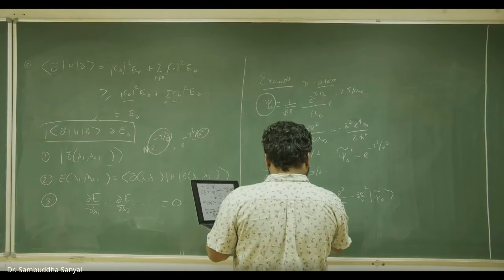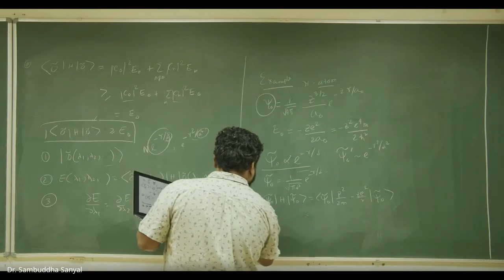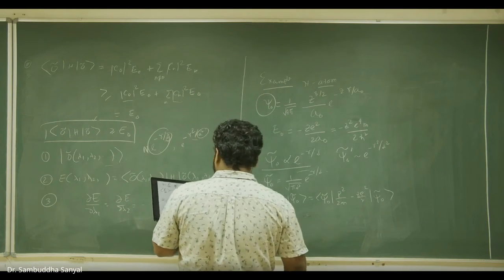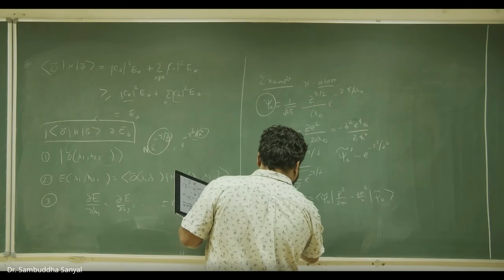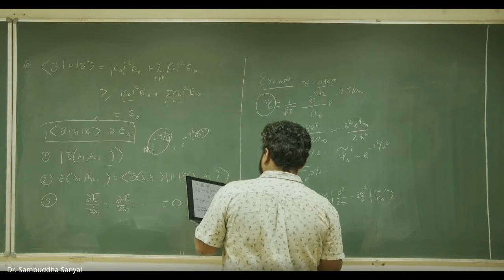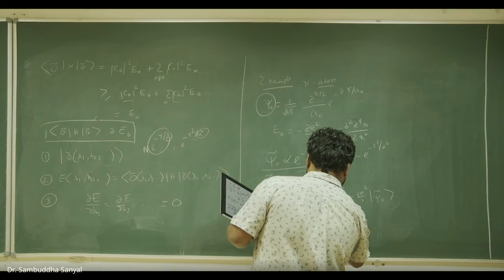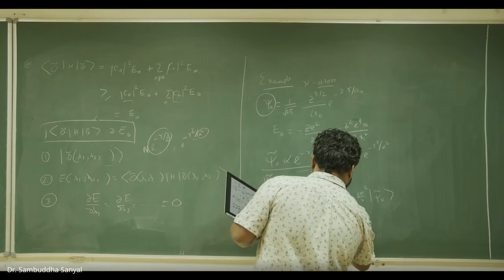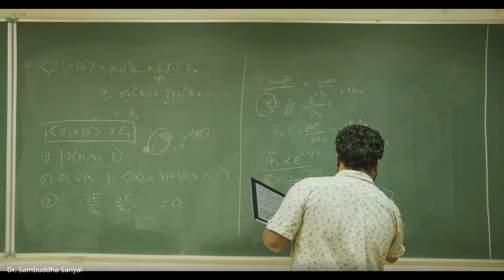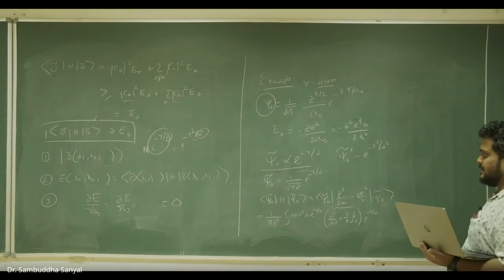The first term is the kinetic term. Let me write it here because it's a lengthy expression: 1 by π d cube, integral of 4π r squared dr e to the power minus r by d, times d2/dr2 plus 2 by r d/dr, times e to the power minus r by d. So this will be the kinetic term if you expand it fully.